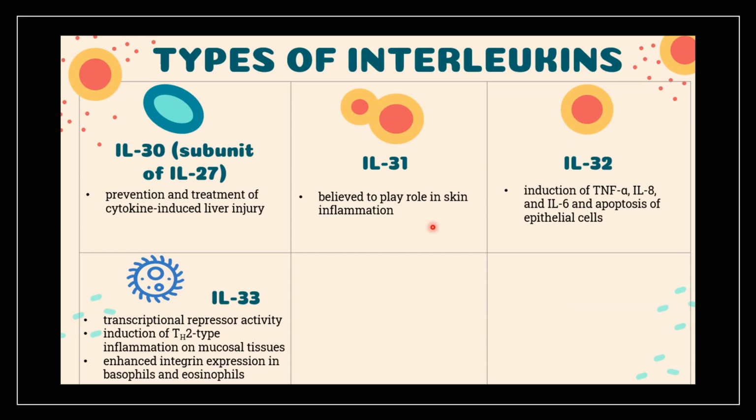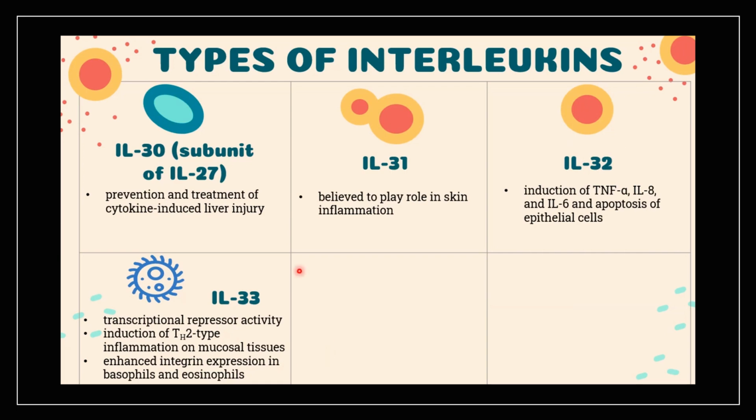For interleukin 32, they originate from monocyte macrophages. Their target cells are macrophages, dendritic cells, T cells, peripheral blood mononuclear cells, and monocytes. Their major function is induction of tumor necrosis factor alpha, interleukin 8 and interleukin 6, and apoptosis of epithelial cells.